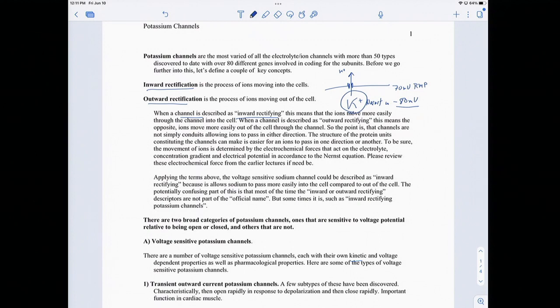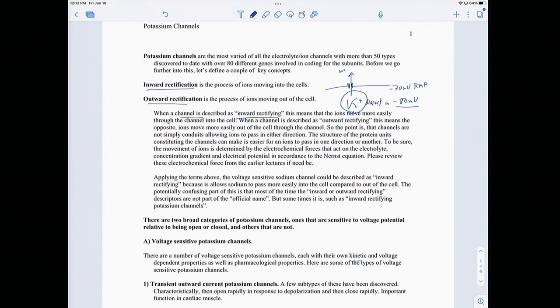Now, I've just said the resting membrane potential is minus 70. But that's, again, because we have the sodium and the chloride and other ions that are coming into play. But we're just isolating on the potassium. So as long as the membrane potential is above minus 80, then the potassium would want to leave if it could.